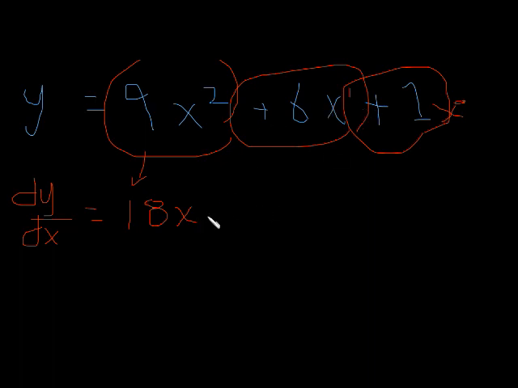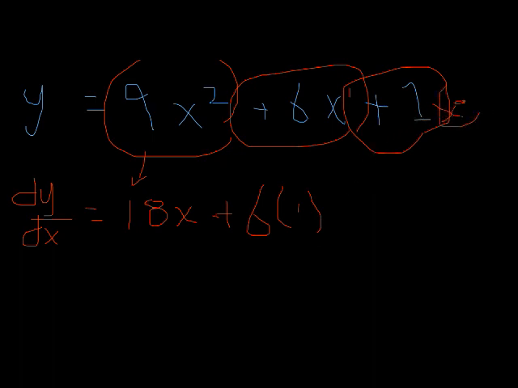Now here, plus, now this term, 1 is the power, it will multiply by the coefficient 6, and the power will reduce by 1. 1 minus 1 is 0. x raised to power 0 is 1.